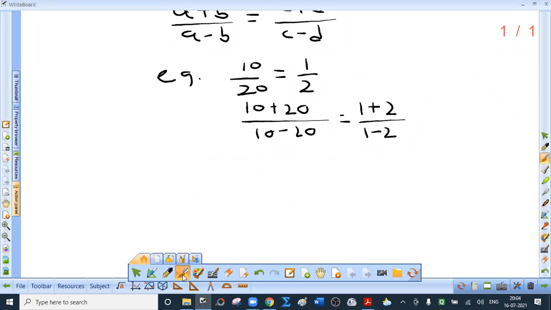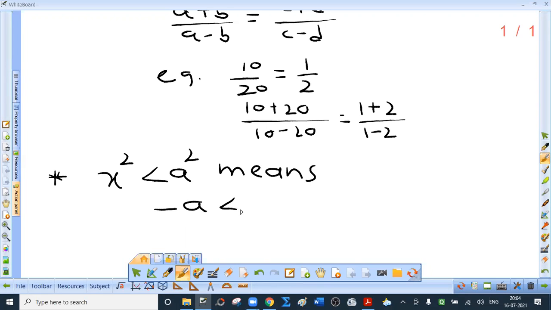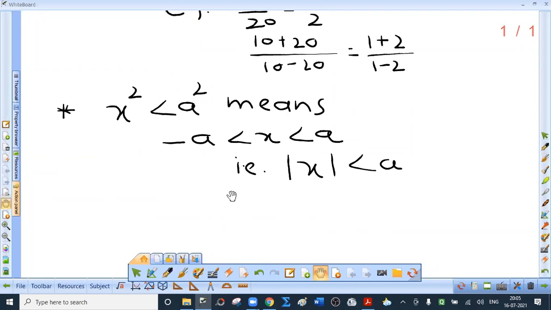Okay. Now, just remember that x square less than a square means minus a less than x less than a. I can write this using modulus notation also, mod x less than a. Just remember this result.